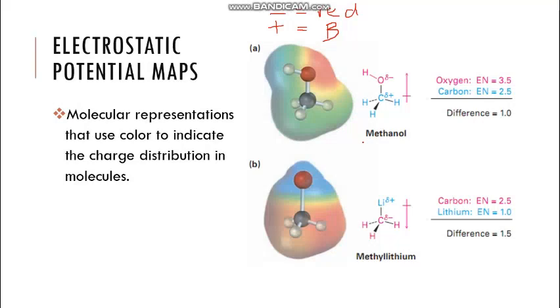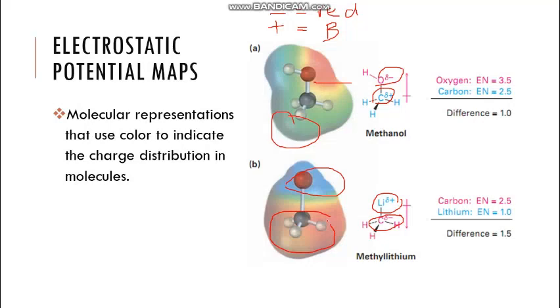For example, in methanol, the oxygen carries a partial negative and is color red. Ang carbon natin is partial positive and may color blue-green siya. And in this one naman, lithium is partial positive, kaya siya ay color blue, and this carbon is partial negative, so meron siyang color red.